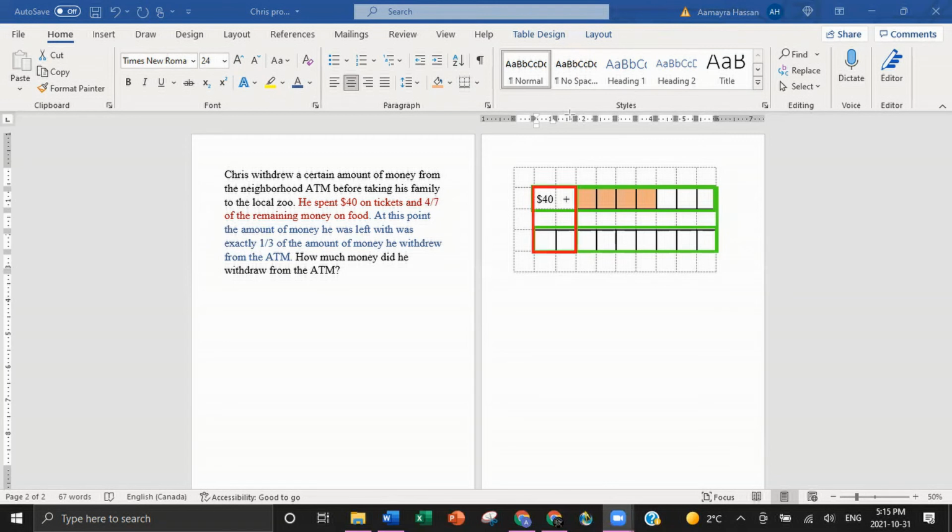So we've now figured out that each cell is $20. So we'll write 20 in each cell.